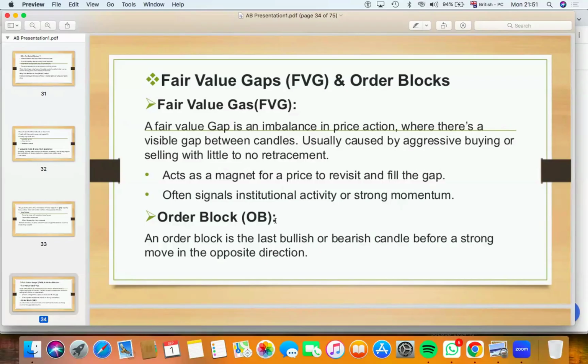These are places in price where there are inefficiencies. Whether in an uptrend or a downtrend, when you see imbalance in an uptrend, it means there is high volatility in that trade.